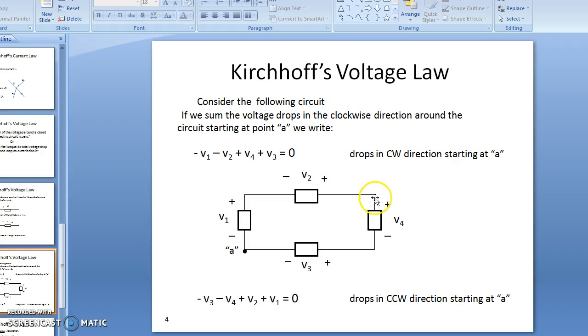Then it is plus V4 as we are traveling from positive to negative, and with the same reason we have plus V3, and the algebraic sum should be 0. Instead, if we travel in anti-clockwise direction starting from the same point A, it would be minus V3 minus V4 plus V2 and plus V1 is equal to 0. Result will be the same whether we travel in clockwise direction or anti-clockwise direction.